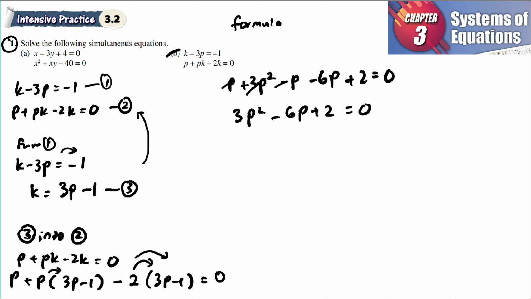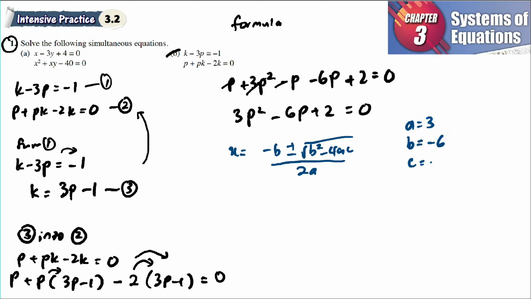The formula: x is equal to negative b plus or minus square root of b squared minus 4ac, divided by 2a. From this one, you have 3, negative 6 and 2. a is equal to 3, b is equal to negative 6, and c is equal to 2.